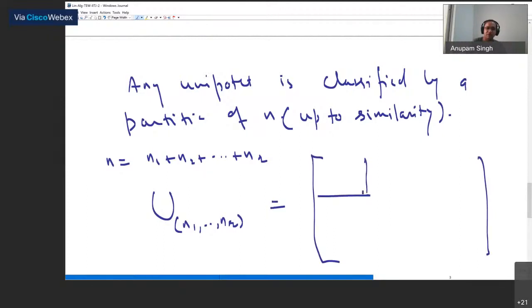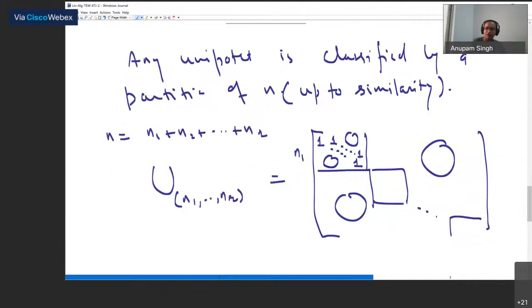The first block is of size n1, and this time the block has diagonal entries 1 and 1 above the diagonal and 0 everywhere else. So this will be an n1 by n1 block, this will be an n2 by n2 block, and so on, and the last one will be an nr by nr block. Everything else is 0.